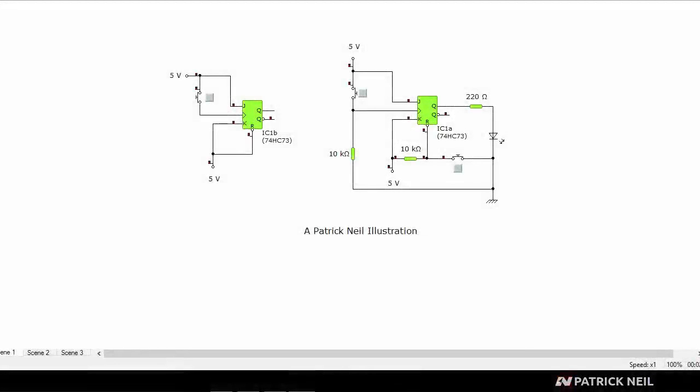Now we're ready to take a look at flip-flops. This circuit to my left here is a flip-flop circuit in its simplest form. There are no pull-up resistors or pull-down resistors to switch the input from high to low or low to high, nothing like that.